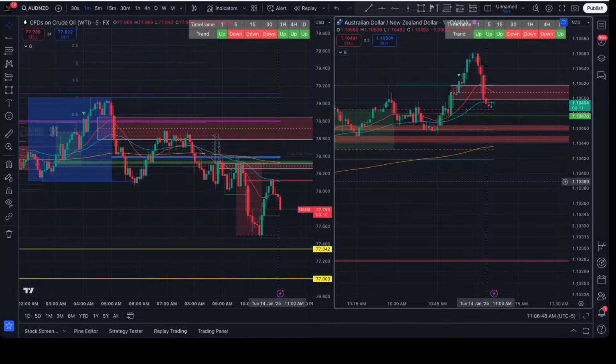Like I said, I'd like to see Aussie New Zealand sweep out these lows and give us some indication that it wants to push up. Oil looks like it's heading back down.